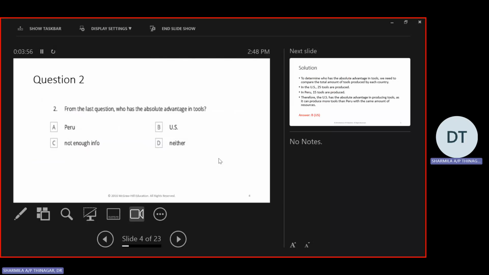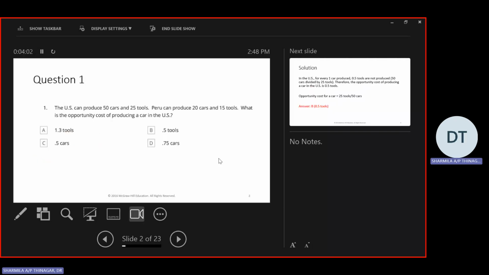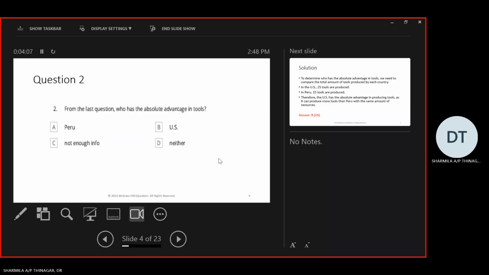Take a picture again, or write down some of the information here from the first question. So who has the absolute advantage?